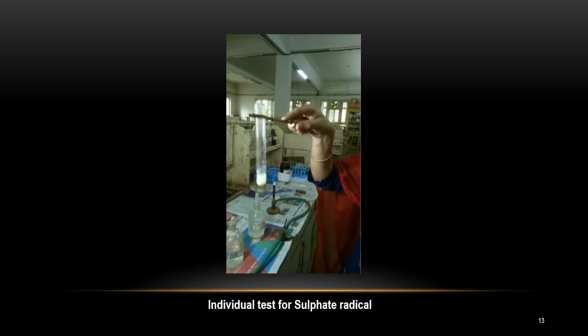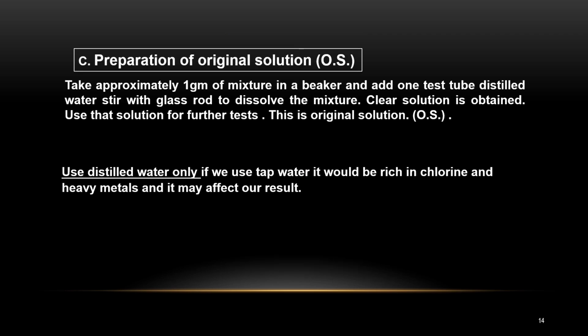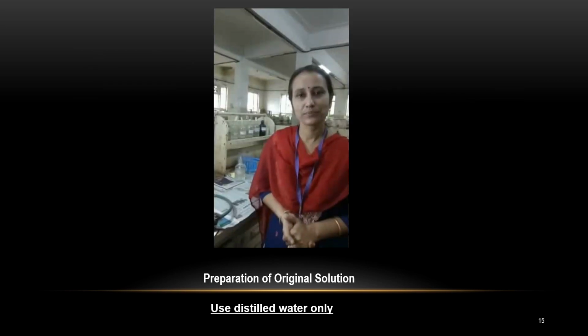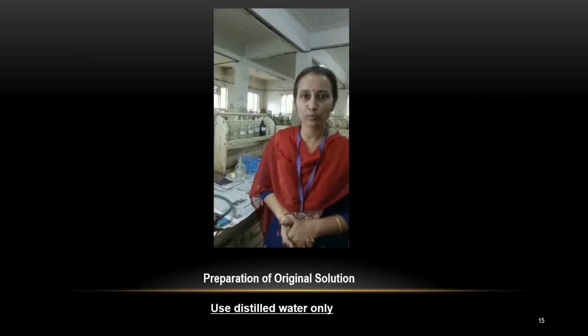So the first radical is bromide ion, and the second radical is sulfate. From the dry test, we get two acidic radicals. Bromide ions are detected by using the concentrated H2SO4 test, and sulfate ions are detected by using a special reagent.